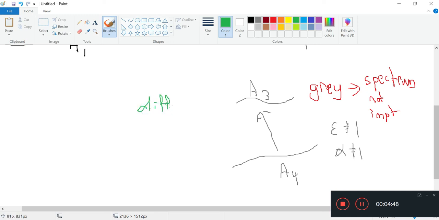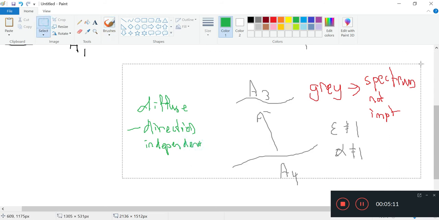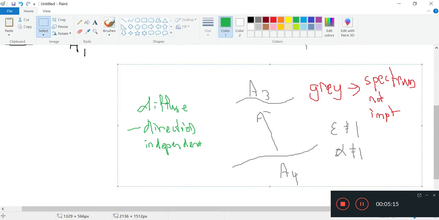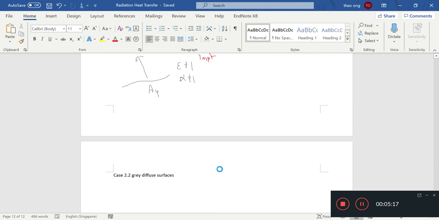Let's write it, just to recap if you have not already known what this is. Diffuse means direction independent. This is gray diffuse surfaces.